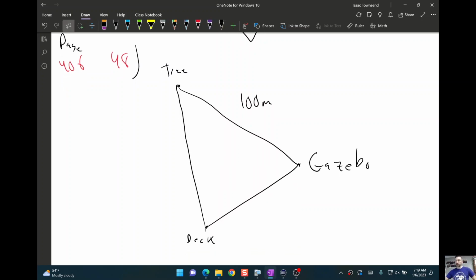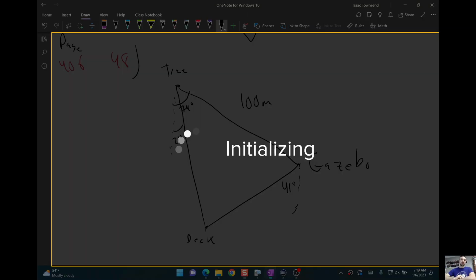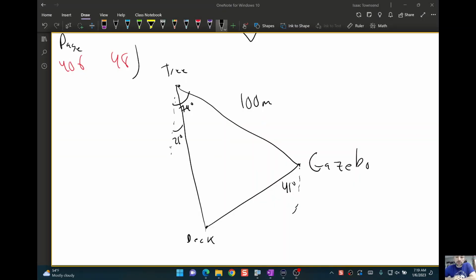They give us this diagram, they give us this bearing here, but they put it in the picture for us, so that's not an issue. Over here it looks like they may have given a couple bearings, 21 degrees and 74 degrees. Okay, find the distance from the gazebo to the dock. So we are trying to find this side.